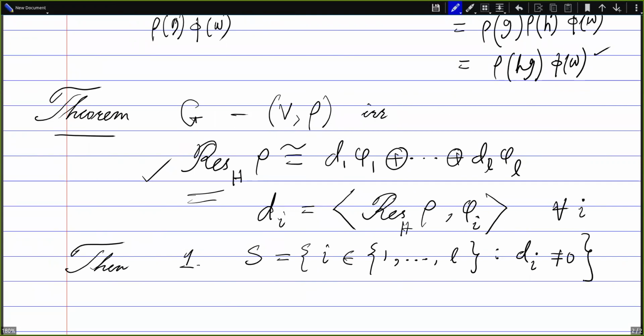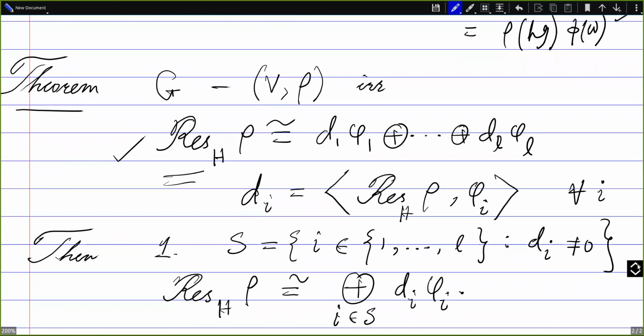Once we set this S, then the restriction has to be isomorphic to the direct sum of di phi I, for I in S, right?